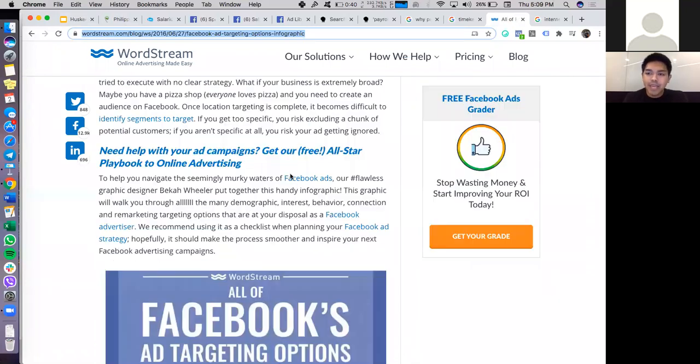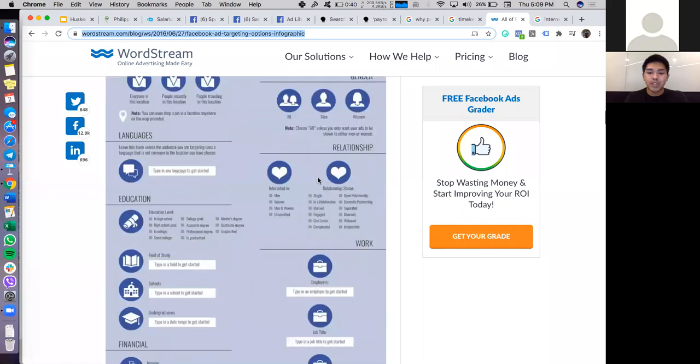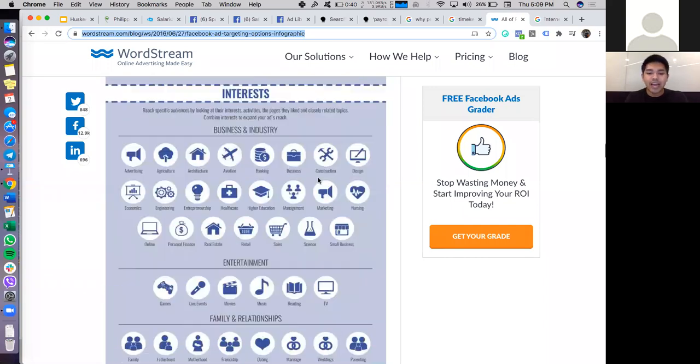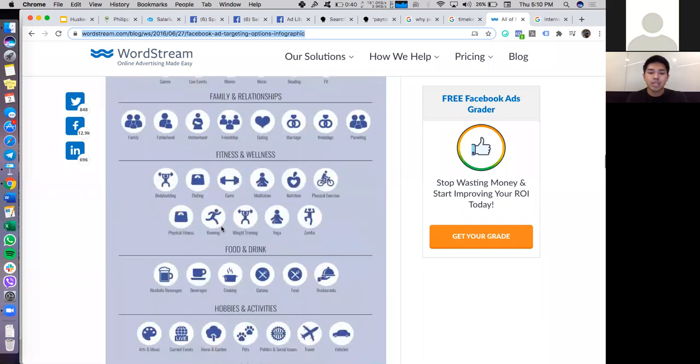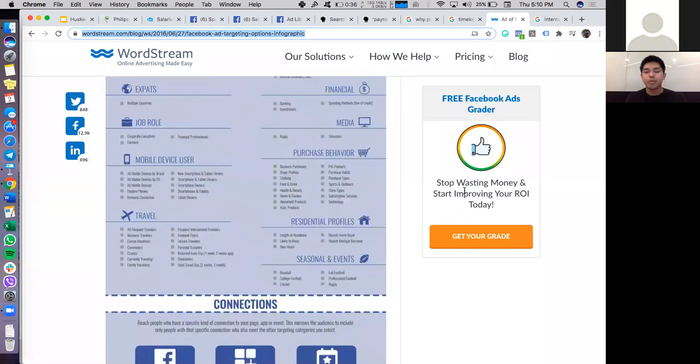They made this epic infographic with all of the possible choices for targeting. So all of the interests, the industries, life events, they have it all here. So you just have to choose what you need, choose what you want, and then you can put it here.